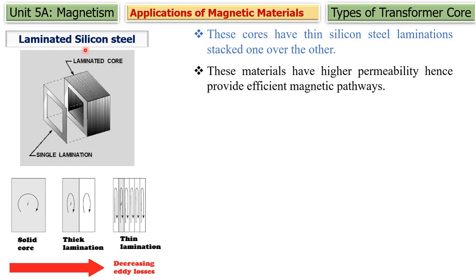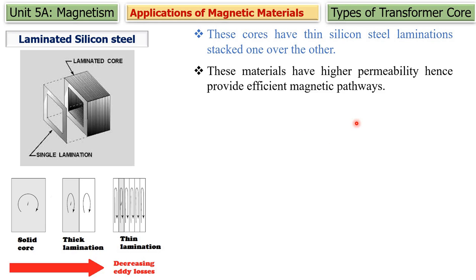That's why it provides an efficient magnetic path for the flux from primary to secondary. But one problem is there with steel: it has higher permeability, but at the same time it is a good electrical conductor. Since it is a good electrical conductor, eddy current formation is greater, and that's why eddy current losses are greater.